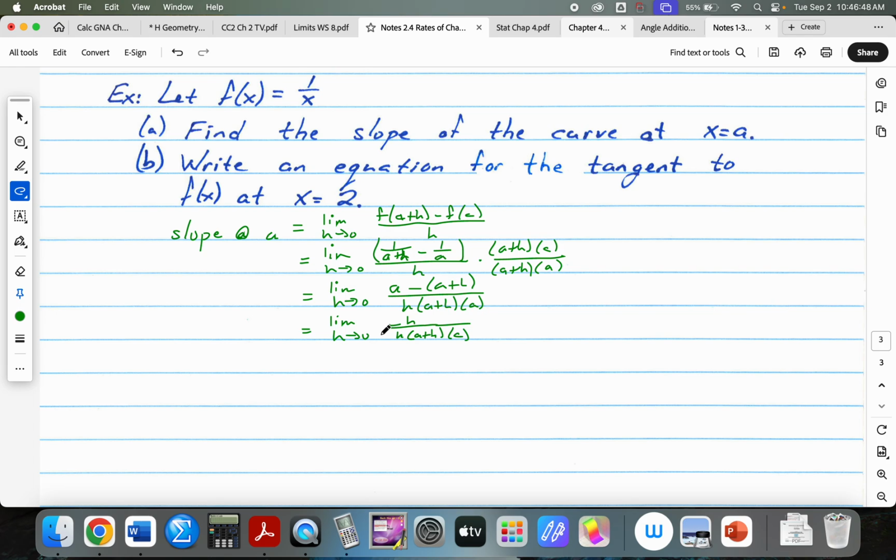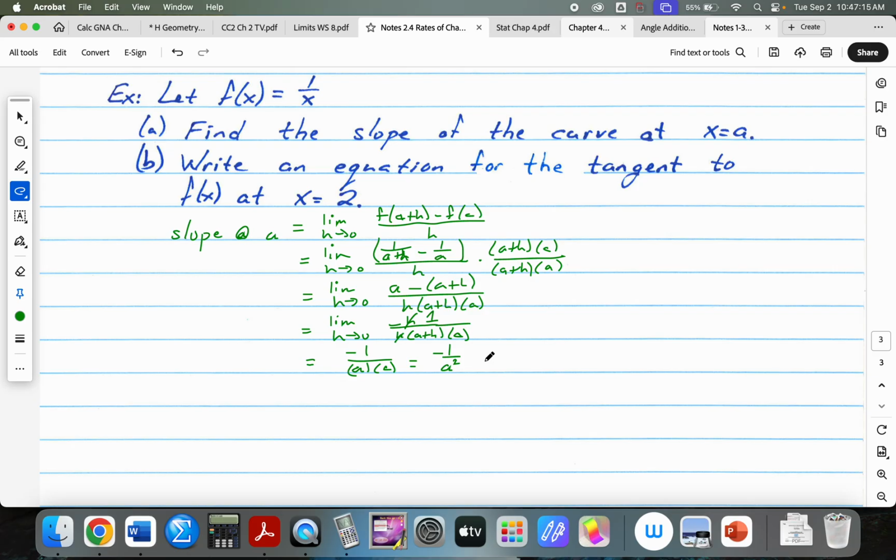And at any value of h other than 0, h divided by h is just 1. So now letting h go to 0, I've got negative 1 over a times a. So it's negative 1 over a squared.